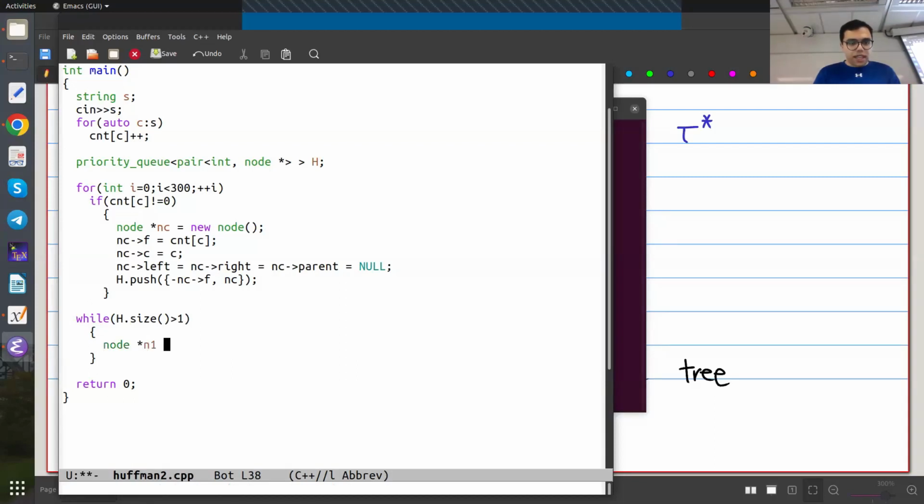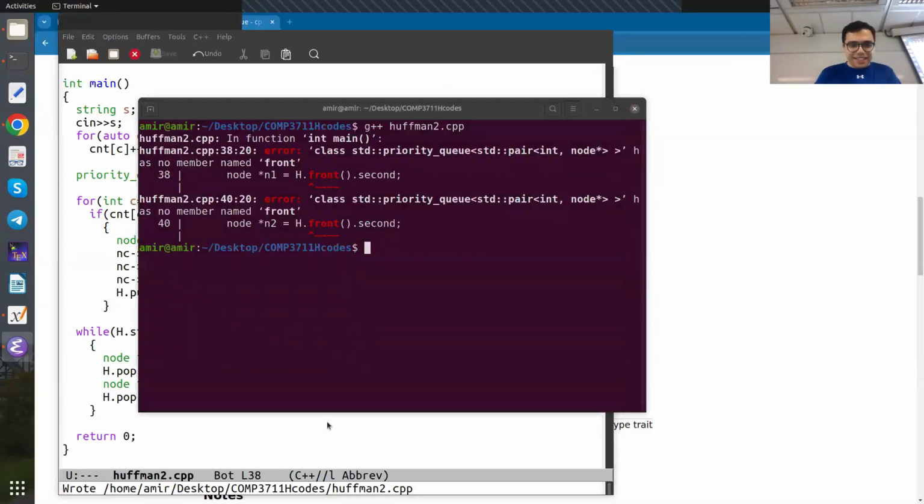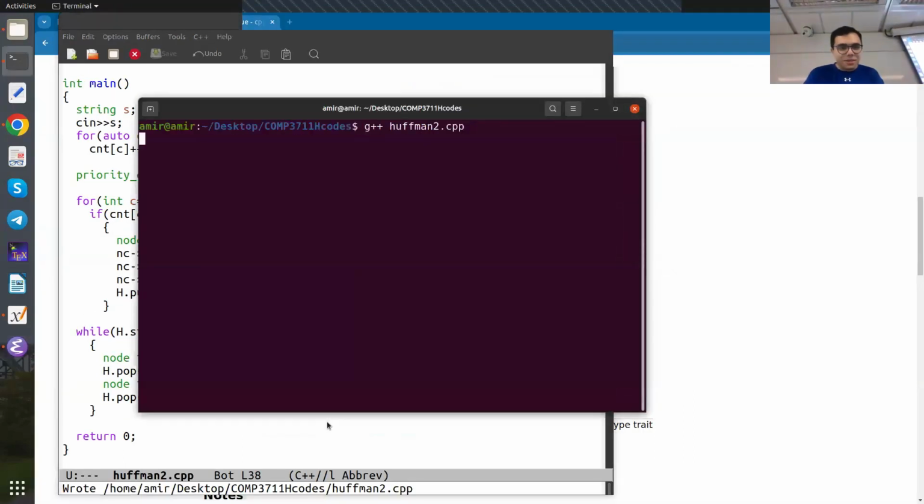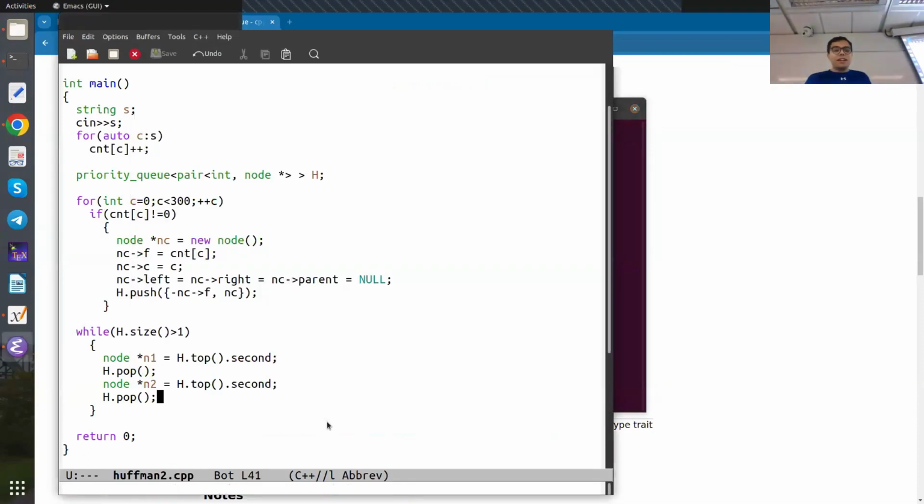Let's say node 1 is the top of my heap, and I have to now pop, I have to remove it. And then I say my second node is again the top of my heap, and I again remove it. That's what happens when you don't read the error codes and you just look at the line that has an error.